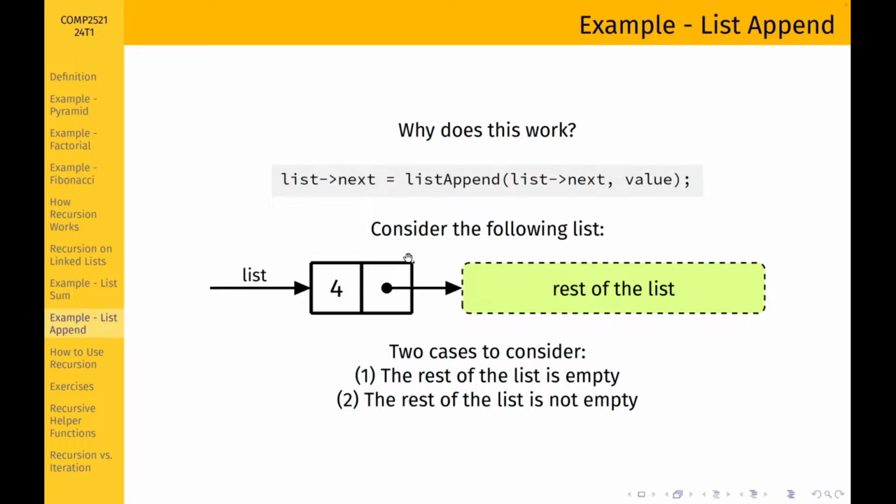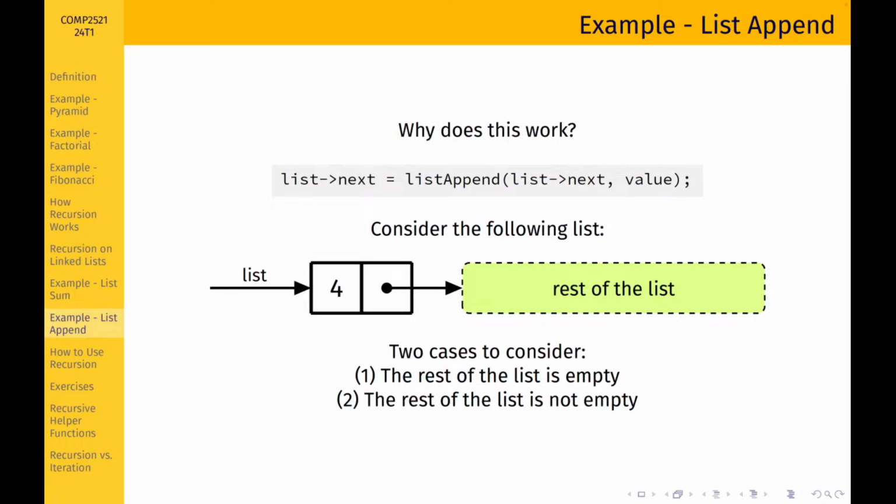So consider this list. We have one node, and after this node, there is the rest of the list. So this list contains at least one value, and we have two cases to consider. Either the rest of the list is empty, or the rest of the list is not empty.